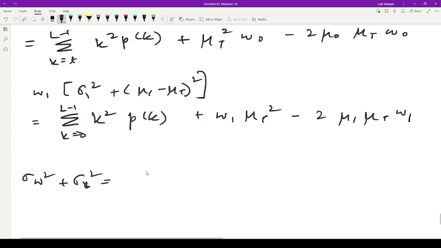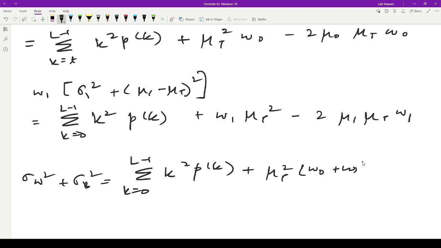Which can be written as, in total, sum over k equals 0 to l minus 1 of k squared pk plus mu t squared times w naught plus w1 minus 2 mu t times w naught mu naught plus w1 mu 1, these two terms.